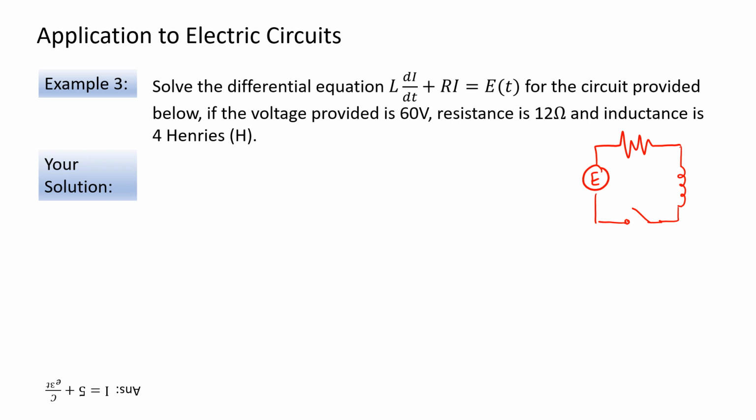Okay, so this has the inductance value L that we have provided here, which is 4. This has the resistance of 12 ohms. And our energy source, E with respect to t, that we're providing is 60 volts.